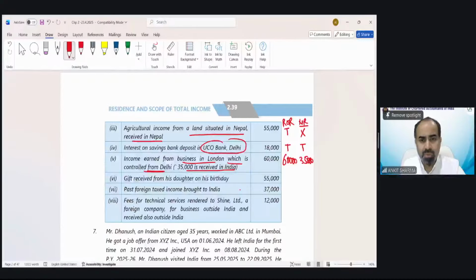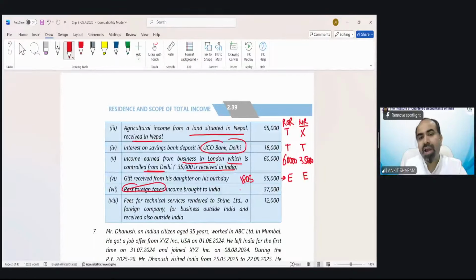This is question number 6. Gift received from his daughter on his birthday. Again, this is connected with income from other sources, and any gift received from a relative is going to be exempted. We will discuss in detail in that chapter.